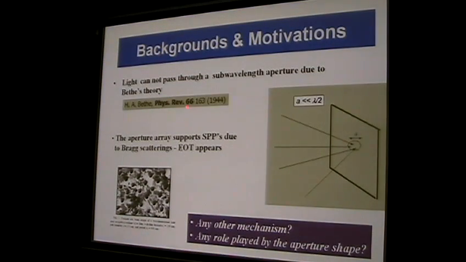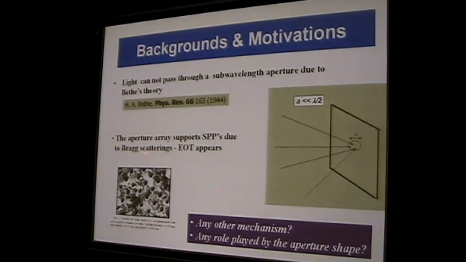But still, the motivation is like this. Many years ago, a famous professor, Bethe, calculated the light transmission through a sub-wavelength aperture, and his theory told us that when the aperture size is much smaller than half a wavelength, the light cannot pass through.